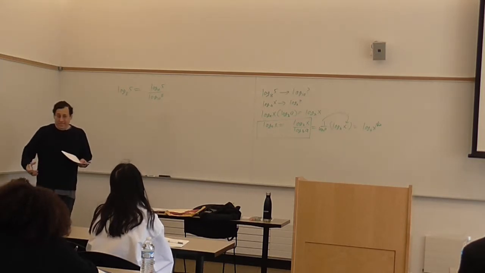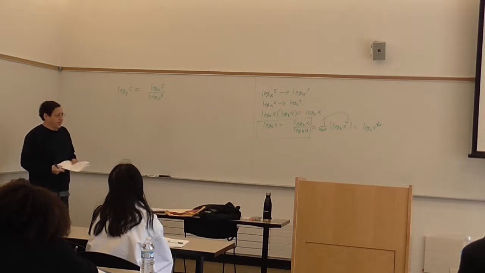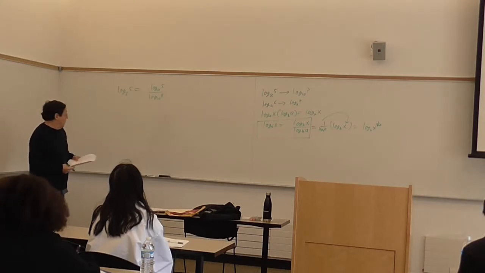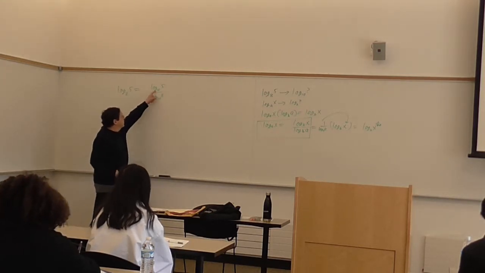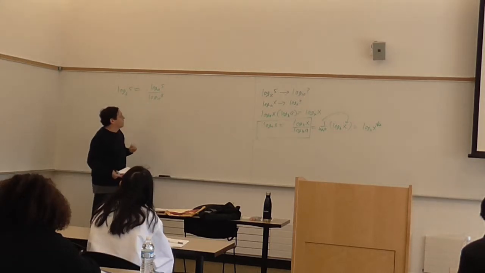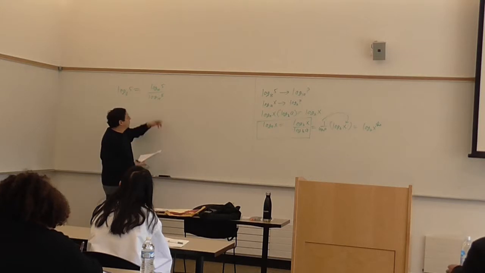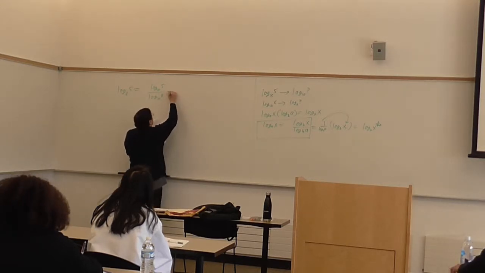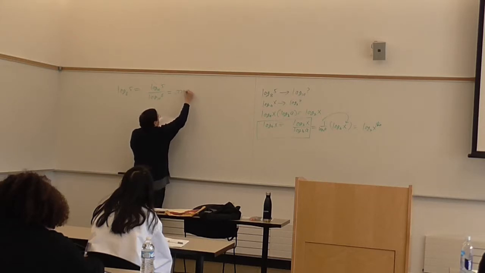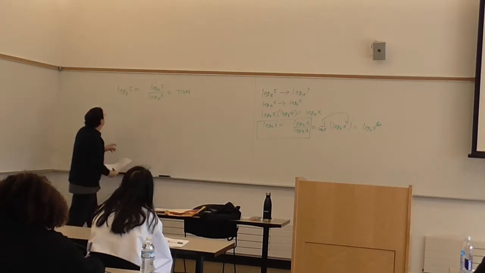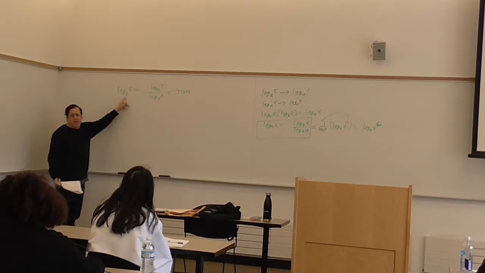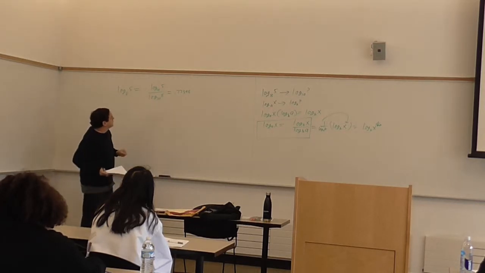Now, there's a real practical reason for wanting to do that. I have a log to the base 10 button on my calculator. And if I plug these in, I get a number which is about 0.77398. So I go from something I don't have any mechanical way to evaluate, to something I do.